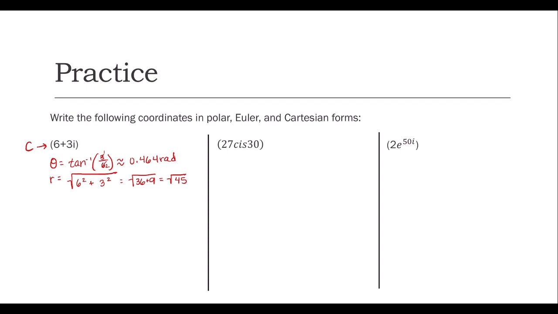So to rewrite this in polar, we have our radius, square root 45, cis theta, which is 0.464. So that's our polar form. And then for our Euler form, we have square root 45 times e to the 0.464i.